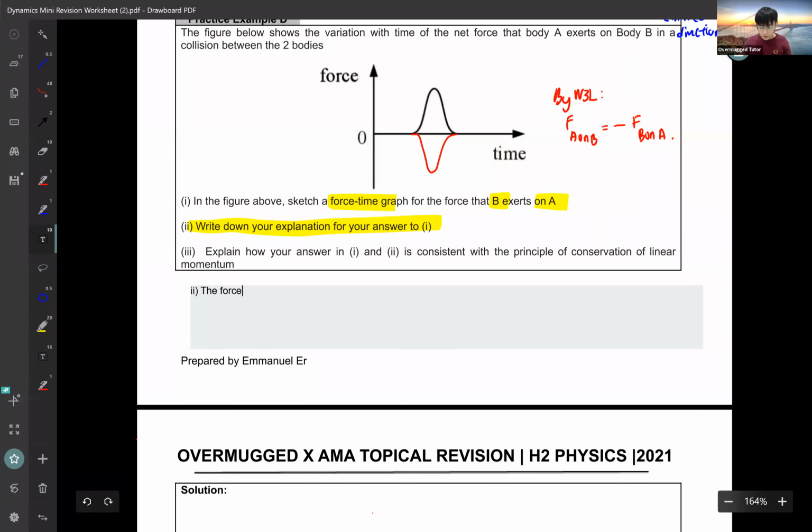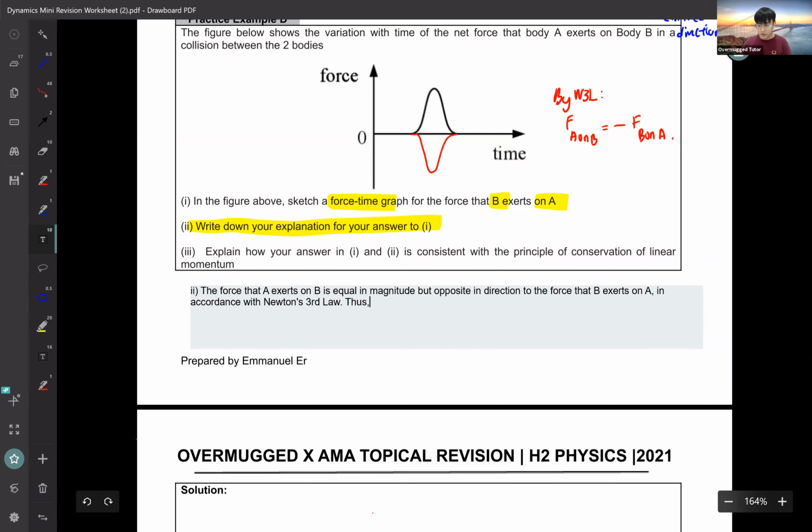The force that A exerts on B is equal in magnitude but opposite in direction to the force that B exerts on A, in accordance with Newton's third law.